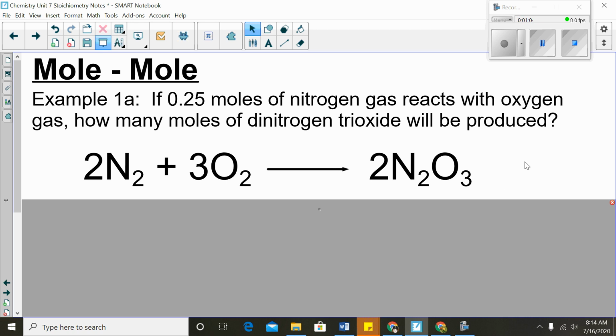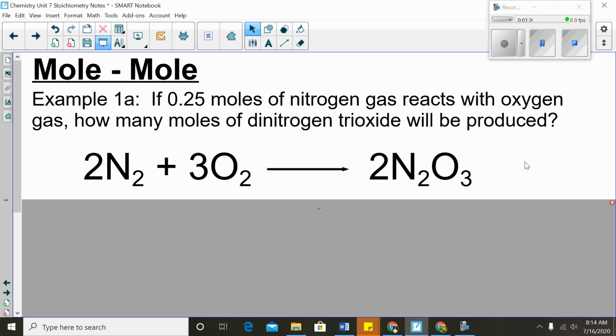So you have been provided the balanced chemical equation. It is your job to figure out the amounts being asked of you. If you're given so much of one substance, how much of the other can be produced? And in this instance, it'll all be moles. That's why it's called mole to mole.